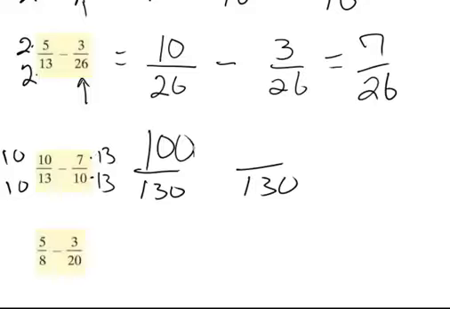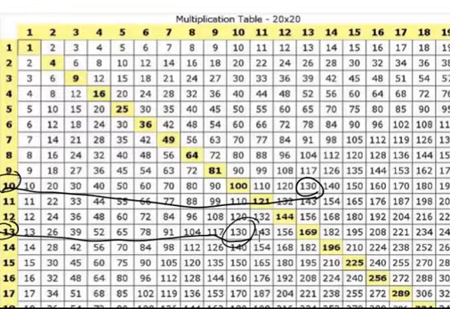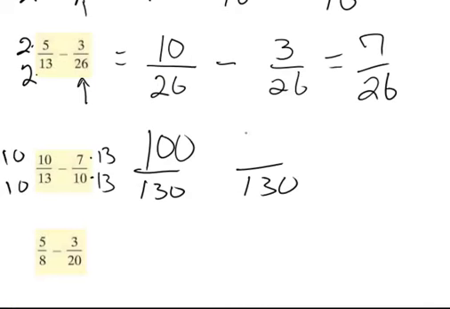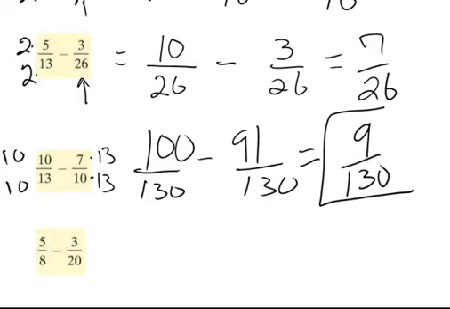I'm actually going to use my chart since I have it right here. 13 times 7 is 91. So I'm going to go ahead and write 91 right here. I'm subtracting, so I'm going to go ahead and just take away 91 from 100, end up with 9 over 130. And now I'm done.